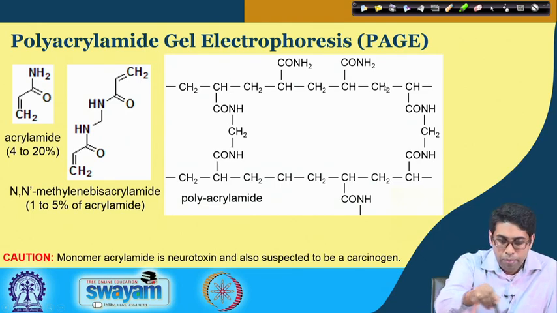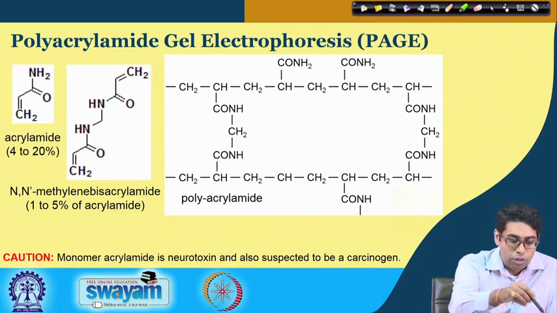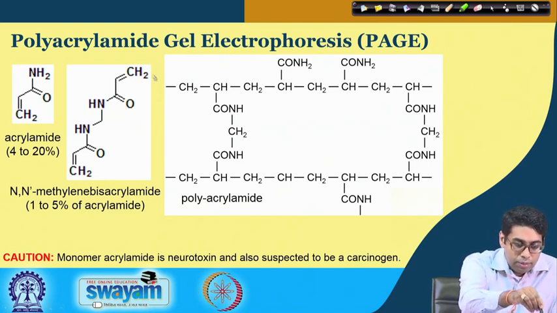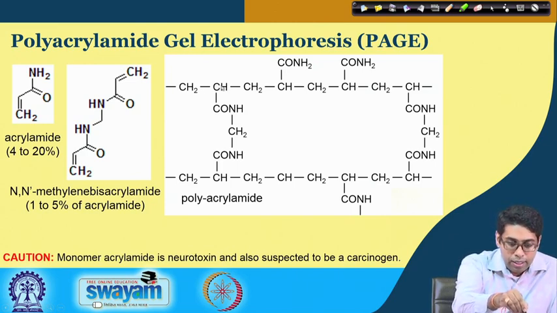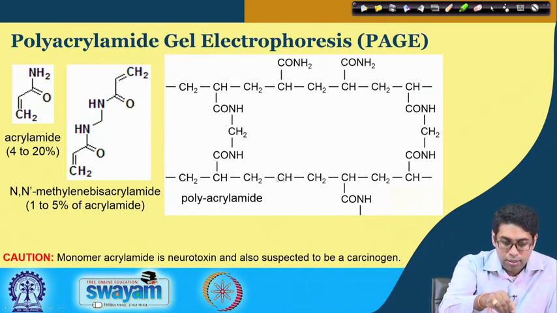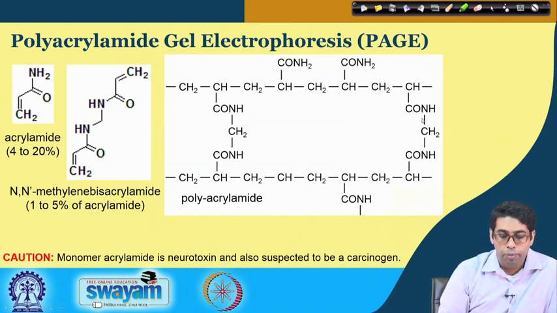But this linear chain of a polymer will not give us a three-dimensional network. To get a three-dimensional network, what we need is bis-acrylamide. Bis-acrylamide can connect two such linear chains and provide a three-dimensional network of polymer.